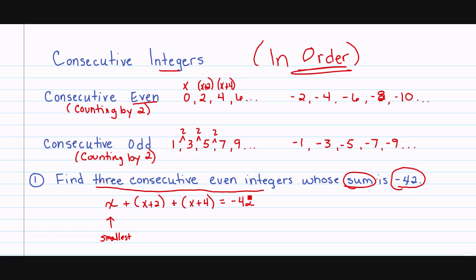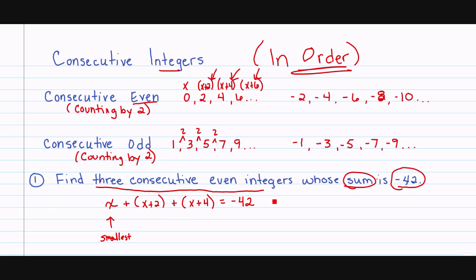The same thing would go for consecutive odd numbers because you're counting by twos. If it was 4 consecutive numbers, your next number would be x plus 6. And see, this number here tells you how many numbers to jump.